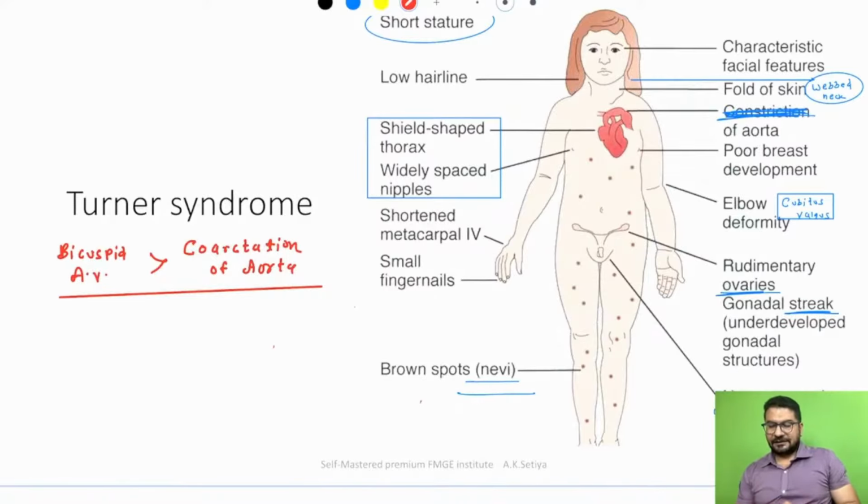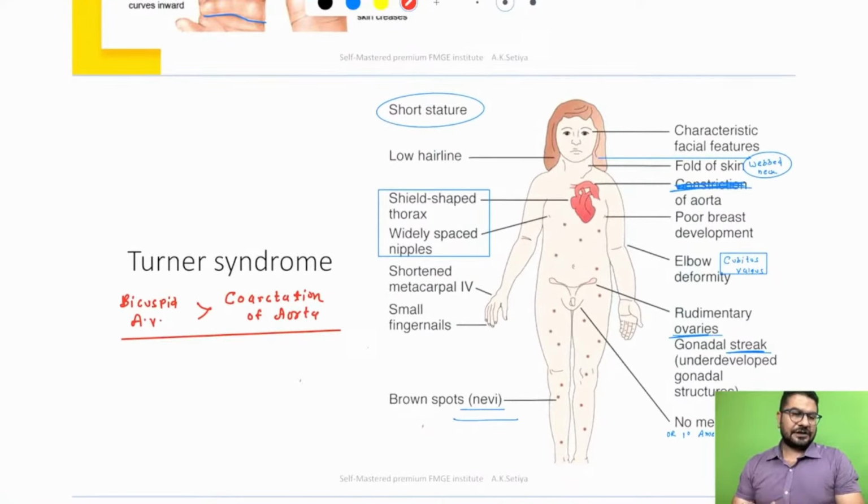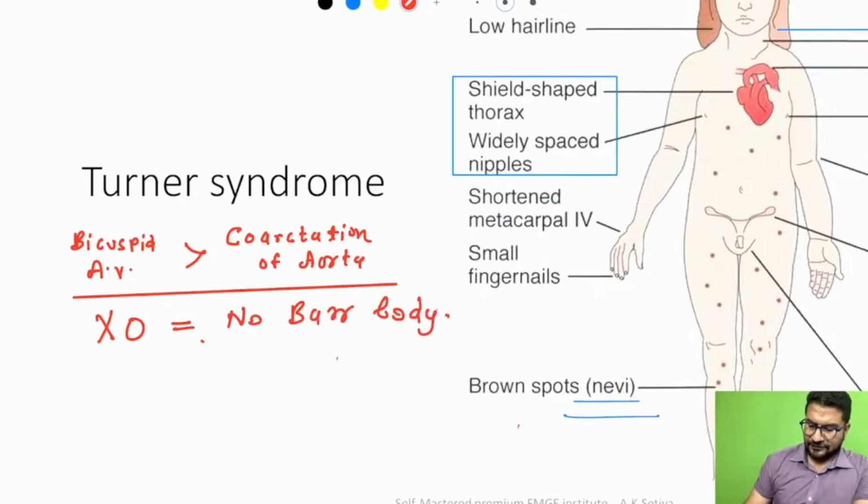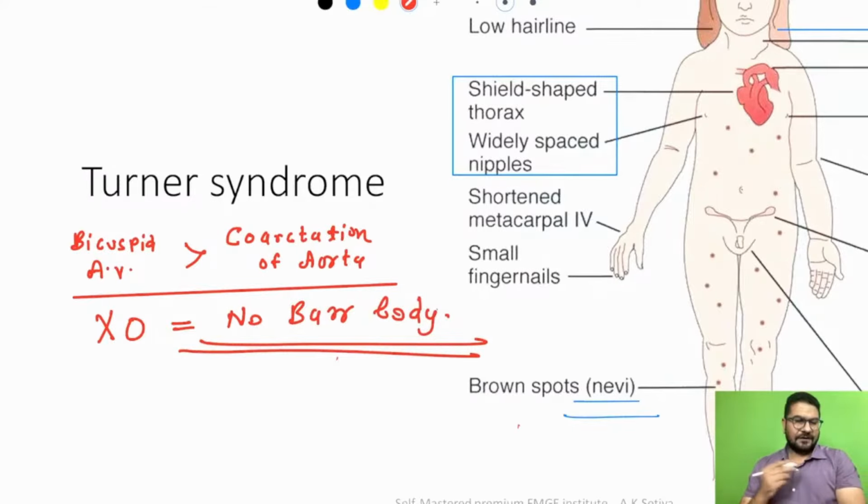So these are the features of Turner syndrome. अगर मैं बात कर रही हूँ karyotype of Turner syndrome, so karyotype will be XO. XO means XO or X0. So there is no Barr body. Barr body क्या होती है? Barr body means extra X chromosome other than one normal X chromosome.